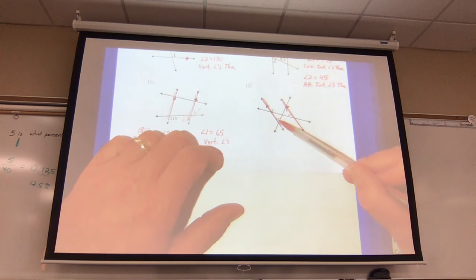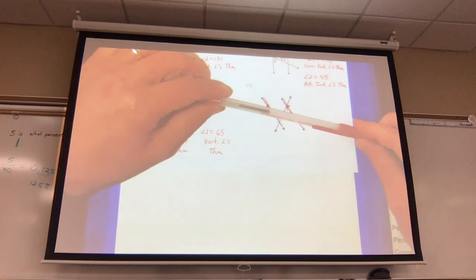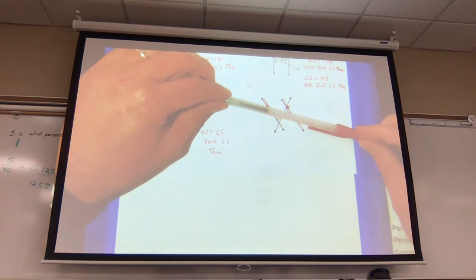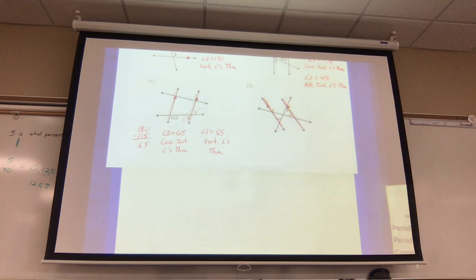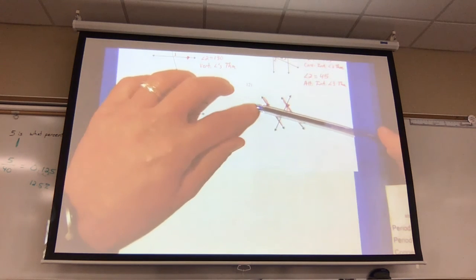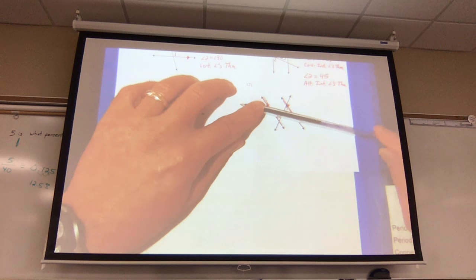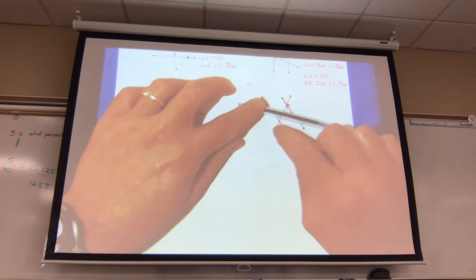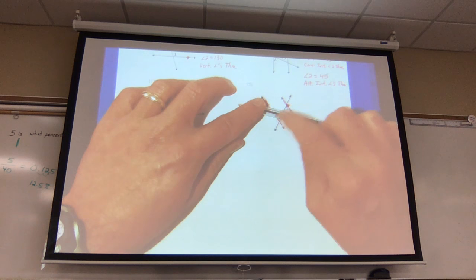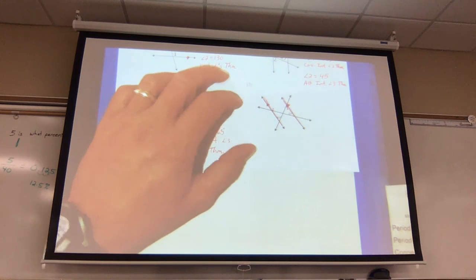Angle 1 and the 55-degree angle both lie on this transversal. So if it helps, try to cover up the transversal you're not using. My pen's a little too big here, so let's see if I can find something smaller. I don't know if that helps me or not. So now if I take out that middle transversal, angle 1 and the 55-degree angle, those two are alternate interior angles.